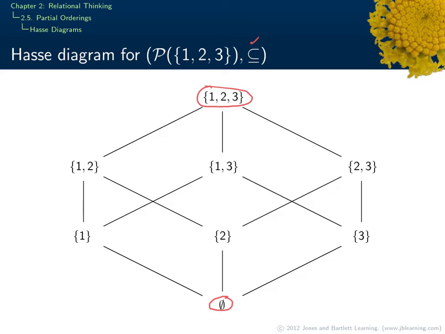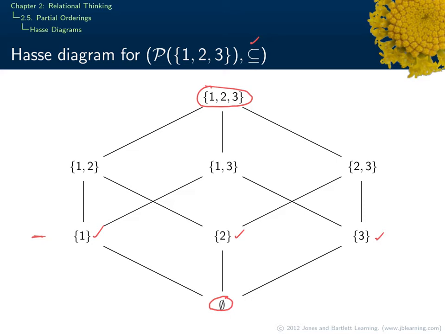Now, what are the immediate successors of the empty set? That is, what are the smallest sets that the empty set is a subset of? Well, you have the singletons, {1}, {2}, and {3}. So we draw ascending lines from the empty set to {1}, to {2}, and to {3}. So now we're up at this level here.